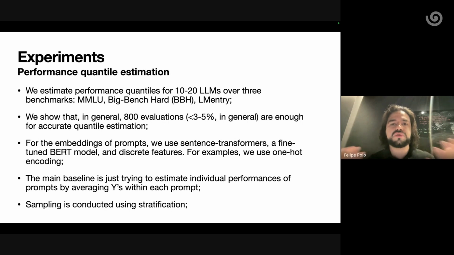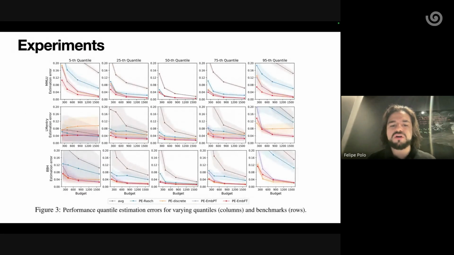But we agree that if one can do that, it would be very helpful. The main baseline that we consider is the simple baseline of averaging the observed questions. And for all methods and baselines, we consider sampling with stratification, so we can have a more balanced sampling pattern.